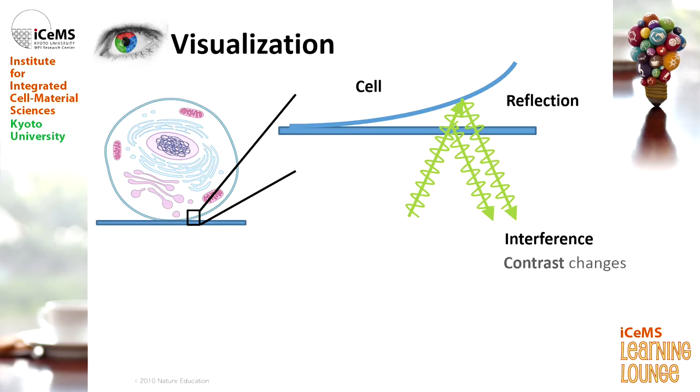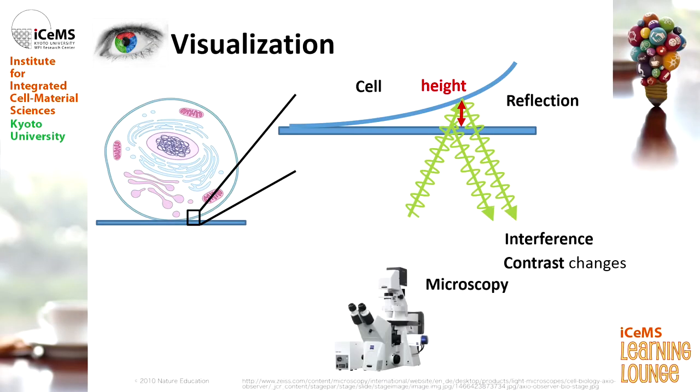And since this is light, interference results in a change in contrast. So sometimes you have brighter light, sometimes you have darker light. It depends on the height of the cell surface from the substrate. So this is the only parameter that changes the contrast or brightness of the interfered light.